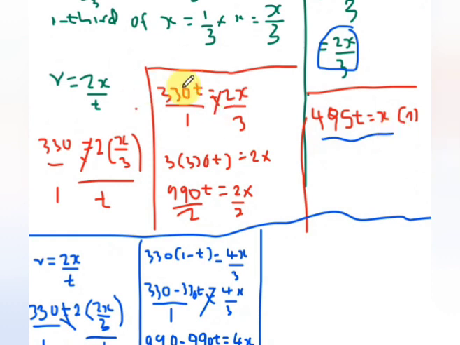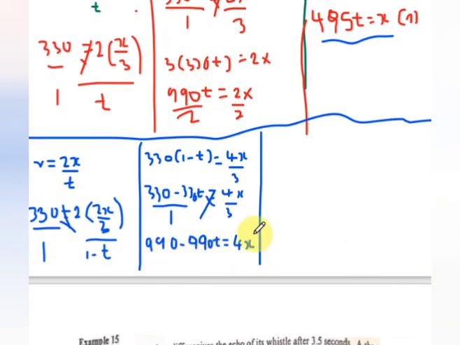What we have to do is either we substitute x into this equation, or we make t the subject of the formula, since we are looking for x. So we make t the subject of the formula. From here, we can say that t is equal to x all over 495.